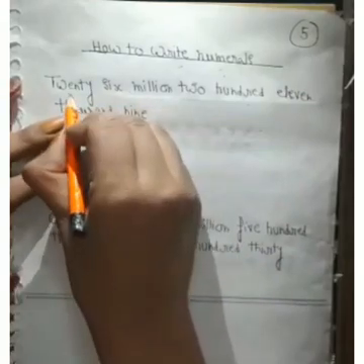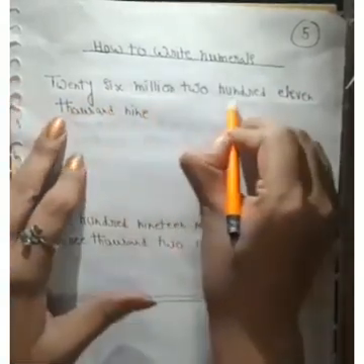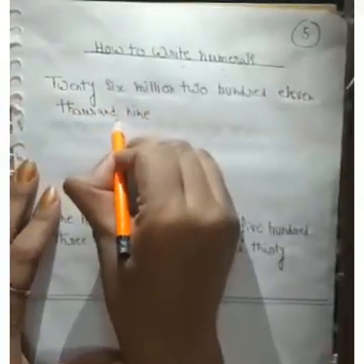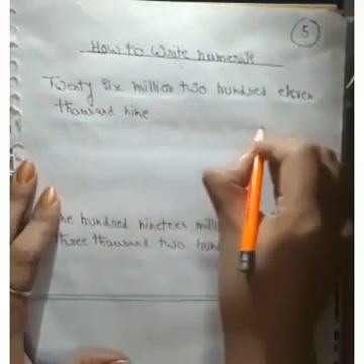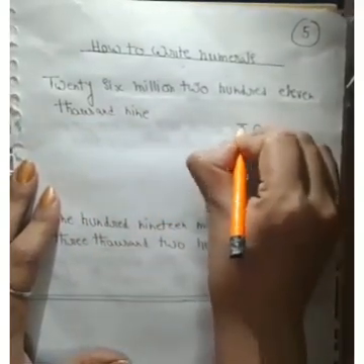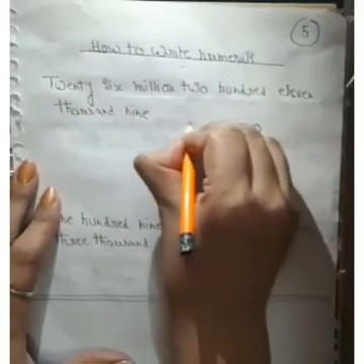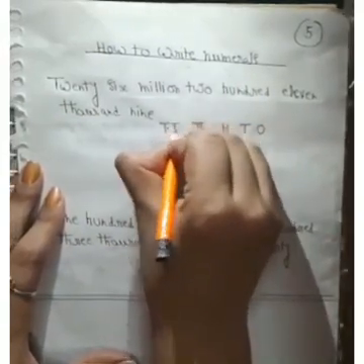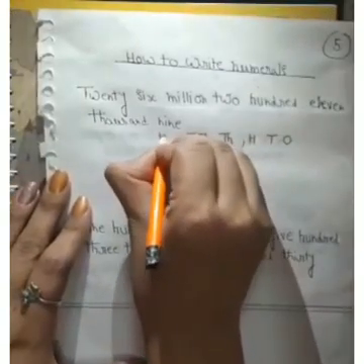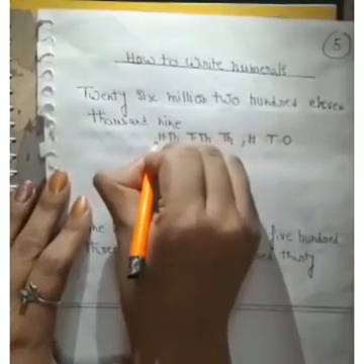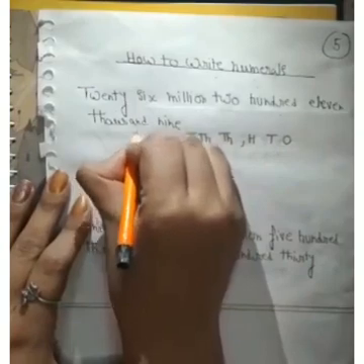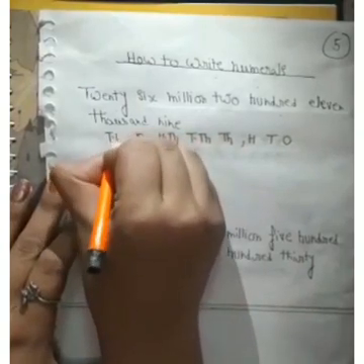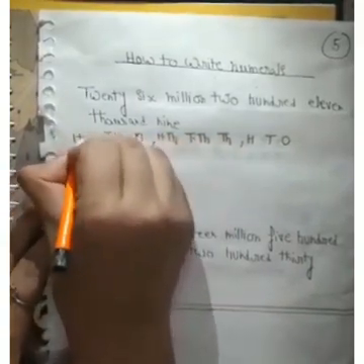Here we have the number 26,211,009. Let's write ones, tens, hundred, comma, thousand, 10,000, 100,000, comma, million, 10 million, 100 million.